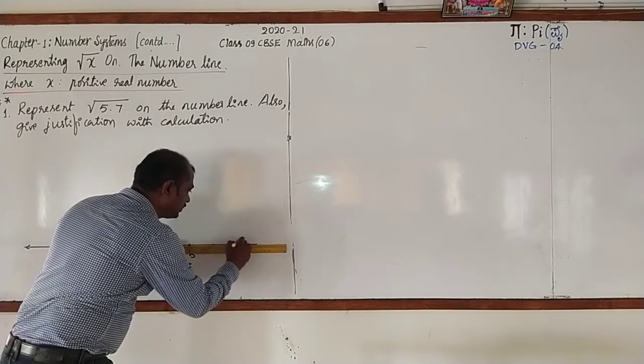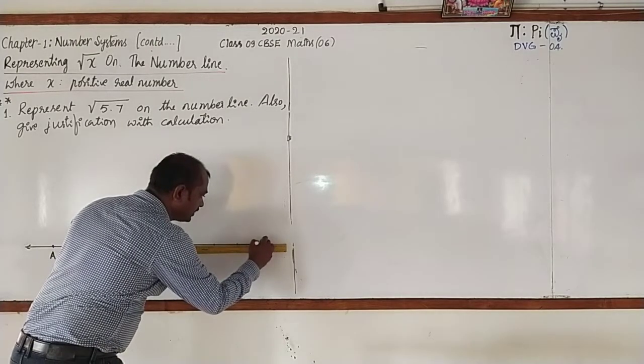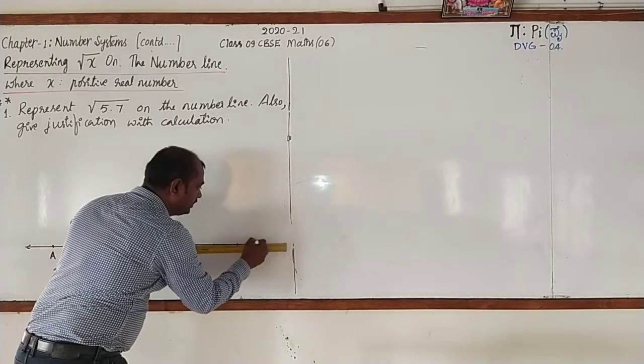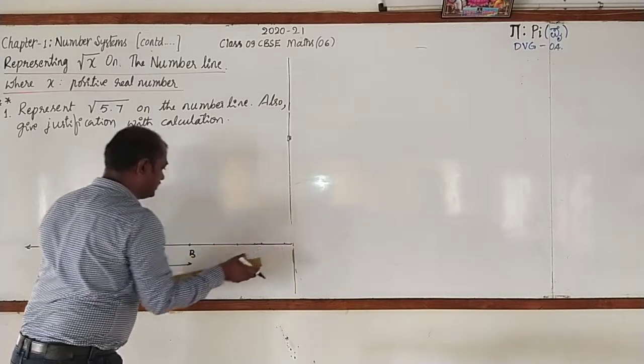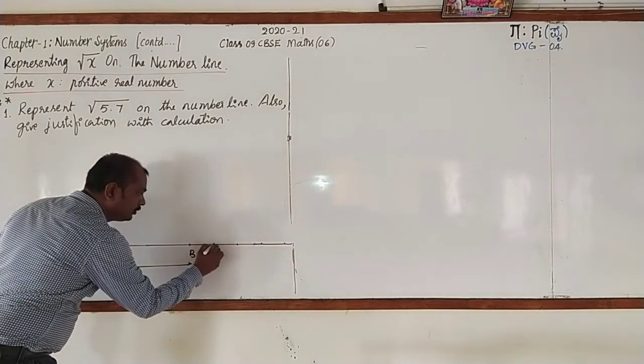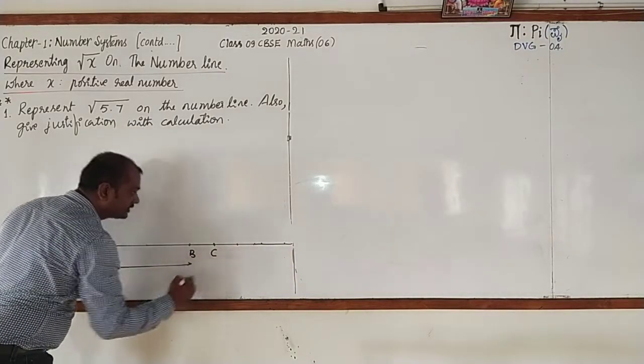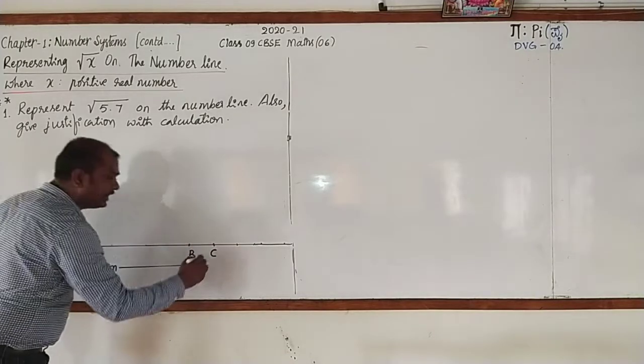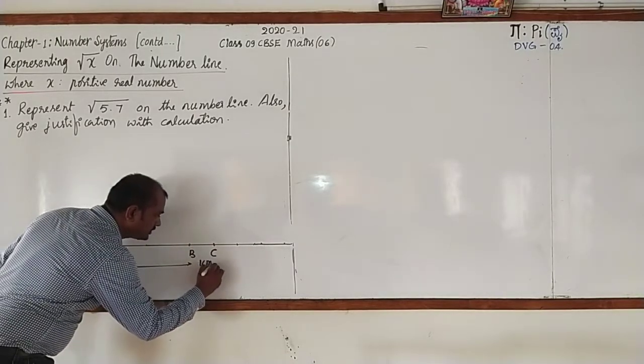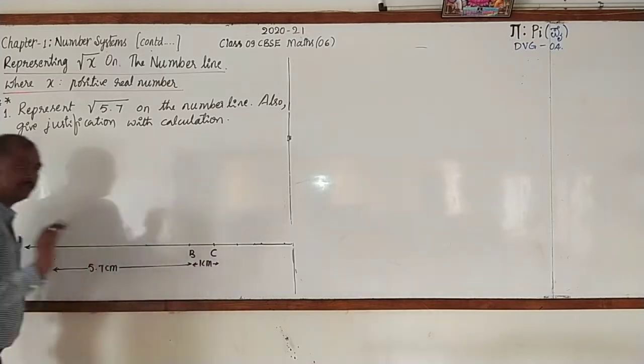You can also take a number of points, and I will tell you why in the later part of this calculation. So we want only 1 point. Call this point C. What is the distance from B to C? It is 1 centimeter. Clear?